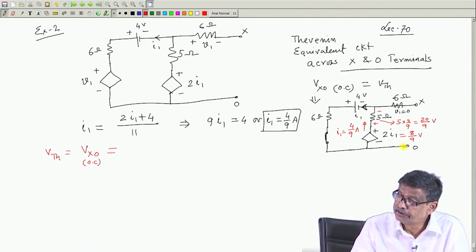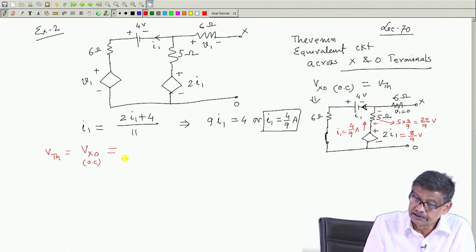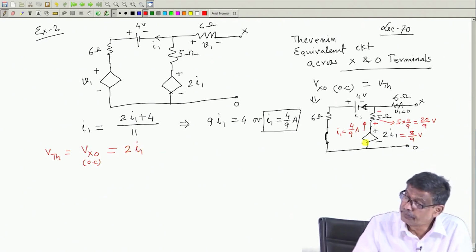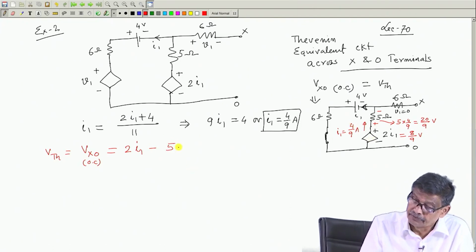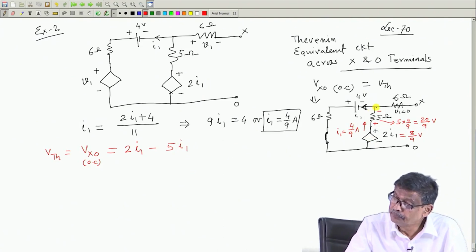So, start your journey from O. There is a voltage rise of 8 by 9 volt, that is, I first write it like this: 2 I 1, then minus 5 I 1. Then from this to this no drop.